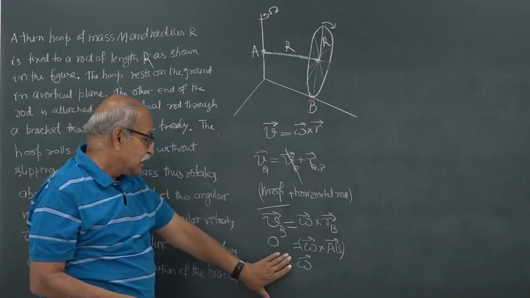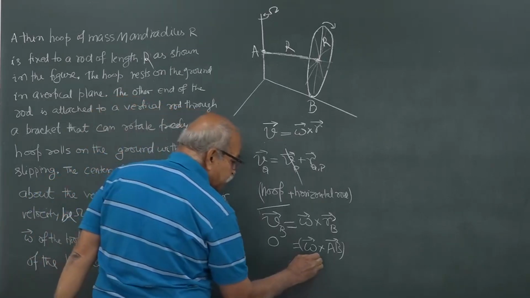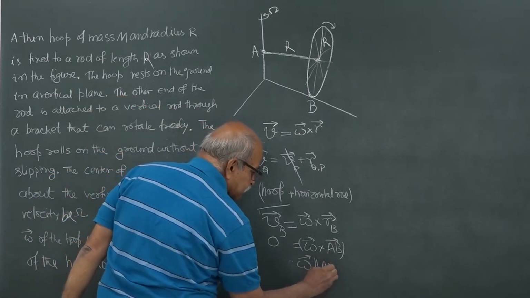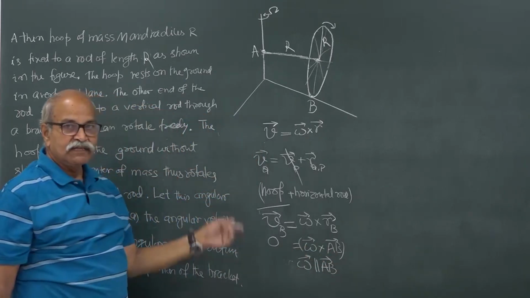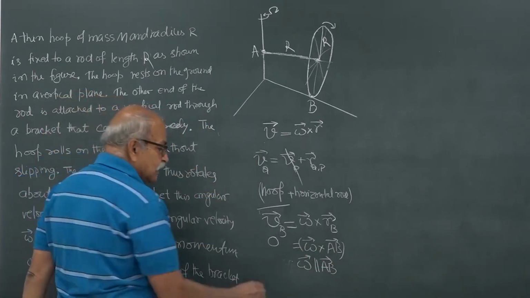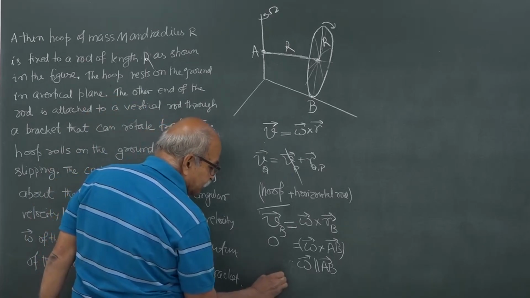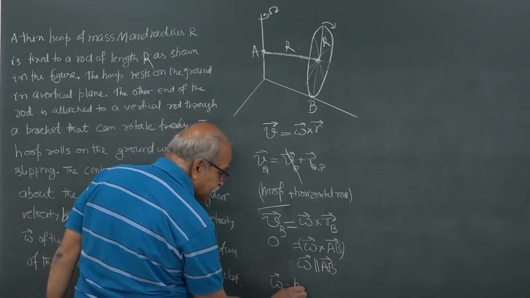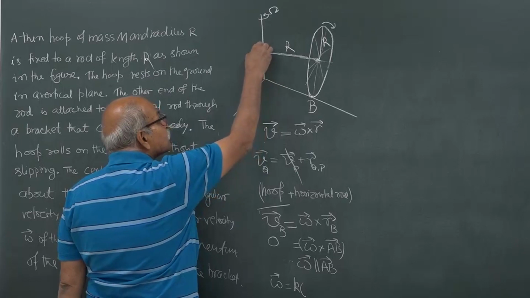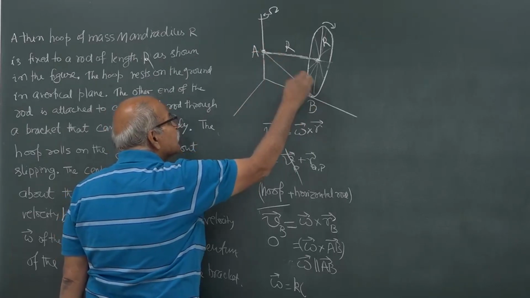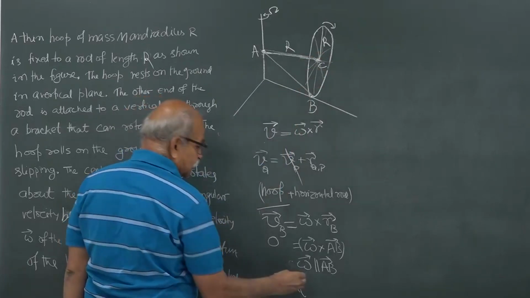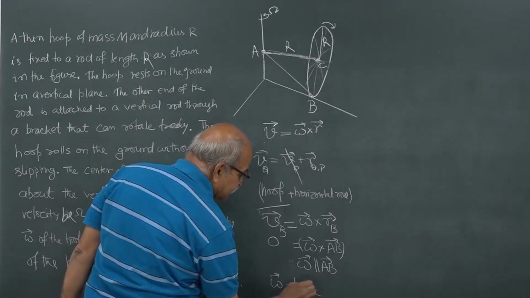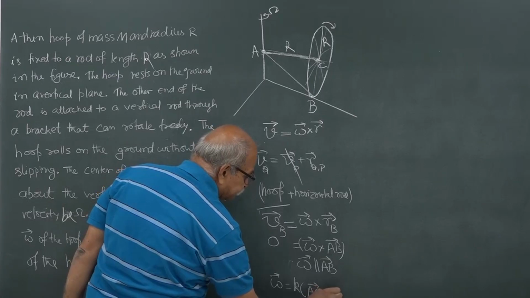So, the cross product is 0, and therefore this omega must be parallel to AB, and therefore I can write omega as some k times AB. And what is this AB vector? This AB vector is this AC vector plus CB vector.